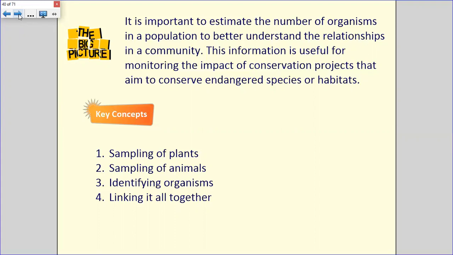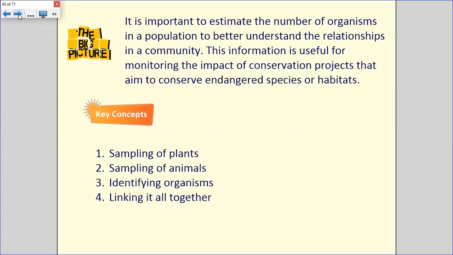Now that's important, particularly in conservation projects. You're looking to conserve a particular species that might be endangered or a particular habitat. It's important to understand what the interactions are between the different organisms.